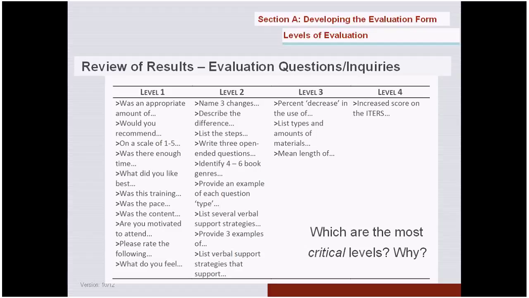In any given 2 or 3 hour training, you might be looking for one change in behavior, maybe 2. Remember at the face-to-face when I said you're going to have 2 to 4 training outcomes. In a 2 hour workshop, 2 or 3, and in a 3 hour workshop, 3 or 4 outcomes.